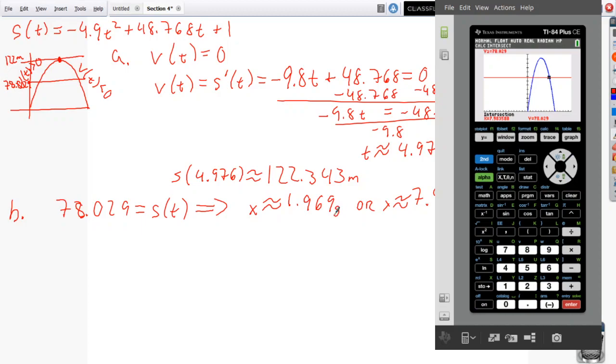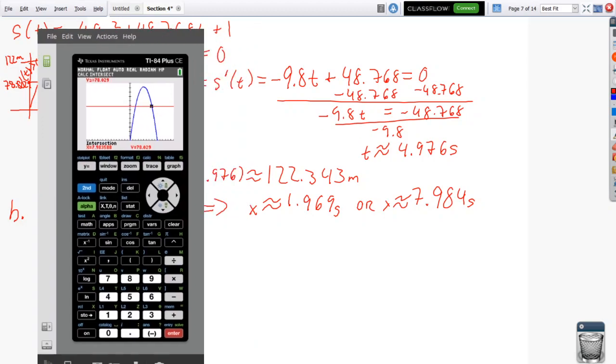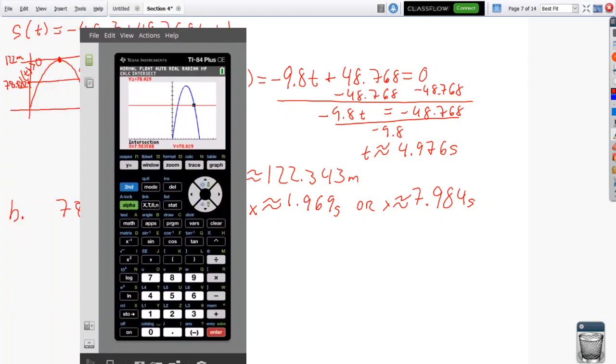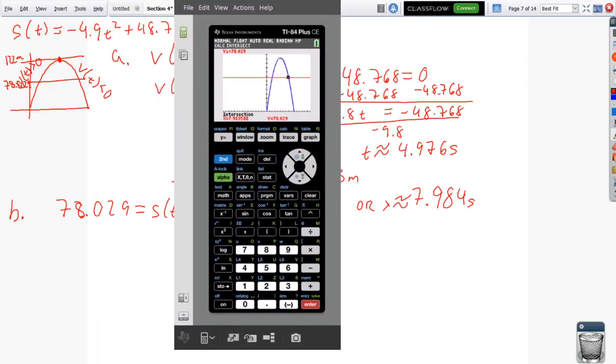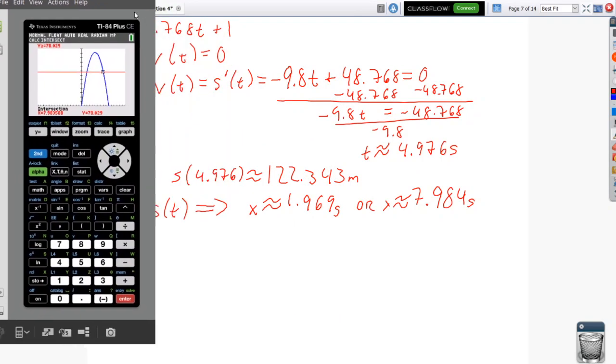Let me just move some stuff around on my screen here so you can see it appropriately. There we go. Whoops, not the one that I wanted to grab. There we go. We can move that right here.